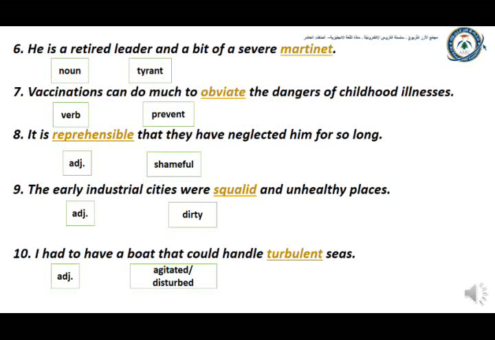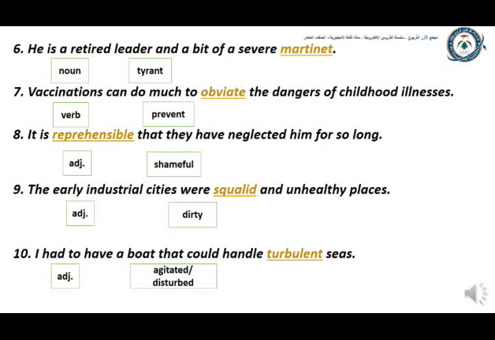The words vaccinations, dangers, and illnesses are the context clues. Why do we use vaccinations? We use vaccinations to obviate or prevent the dangers of childhood illnesses. So obviate means prevent. 8. It's reprehensible that they have neglected him for so long.